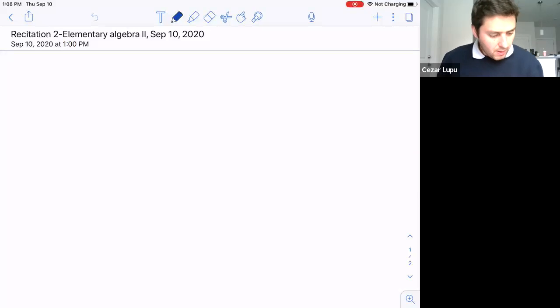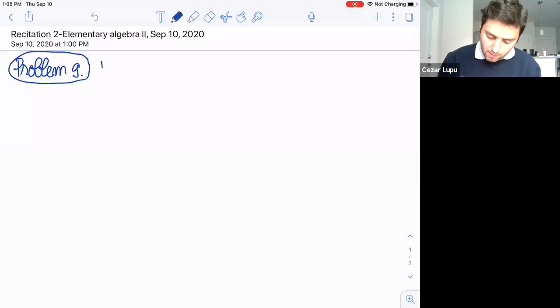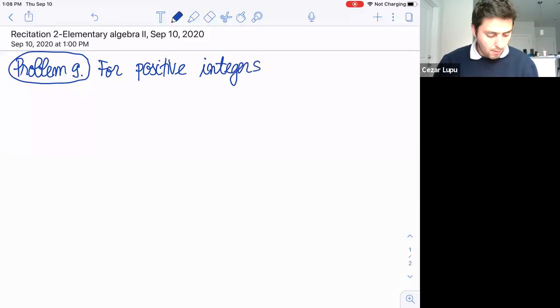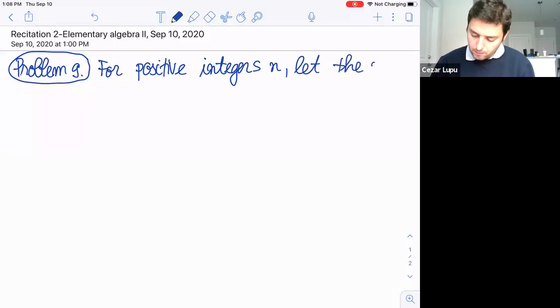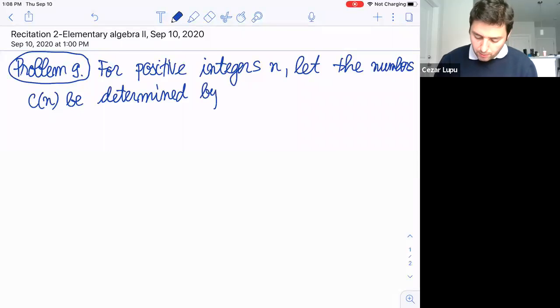The first problem was this, problem 9, which says the following: for positive integers n, let the numbers Cn be determined by the following rules.